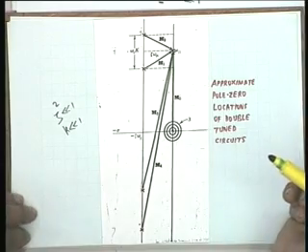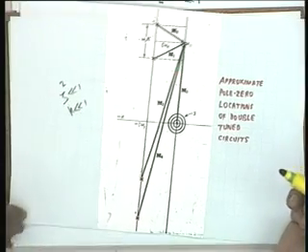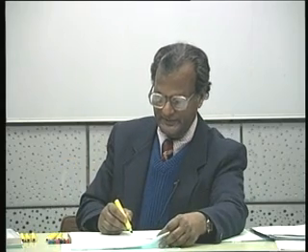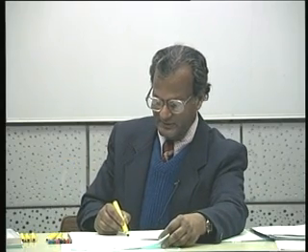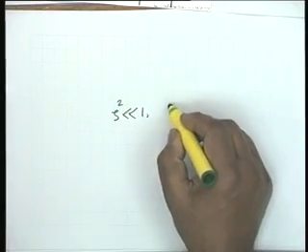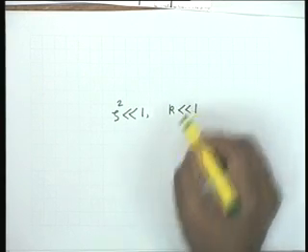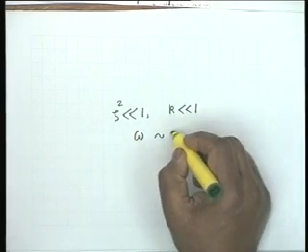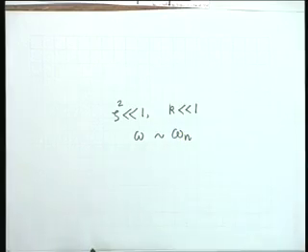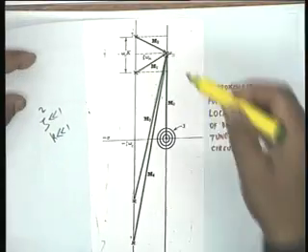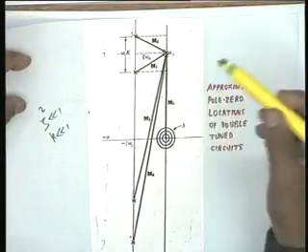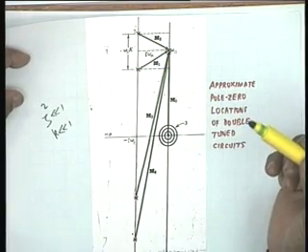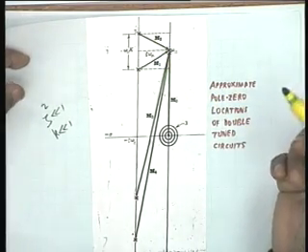And we also made the assumption that zeta squared is much less than 1 and k is much less than 1, and omega is close to omega n. If omega is close to omega n, then it is these 2 vectors which determine the magnitude response and also the phase response.